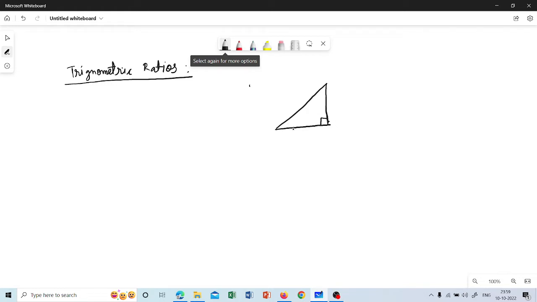Many people get confused with the naming convention. I'll keep one angle as, for example, theta, and also this angle I will consider theta.